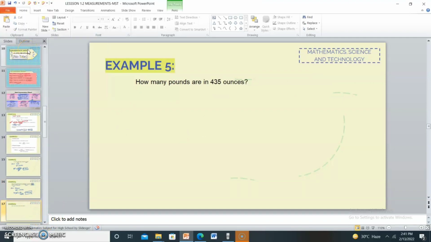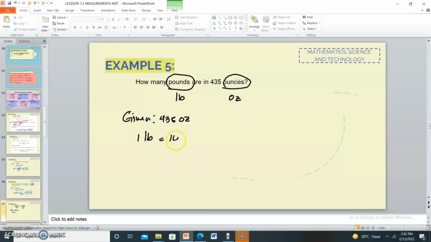The next example. How many pounds are in 435 ounces? Pounds, units is LB, ounces is OZ. So state the given: 435 ounces. Then the conversion of units from your book, page 9, number 1 example: 1 pound is equivalent to 16 ounces.